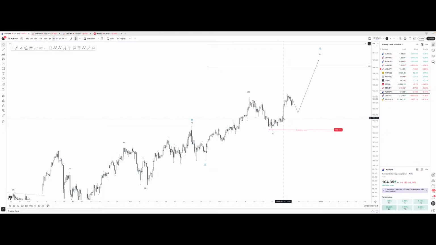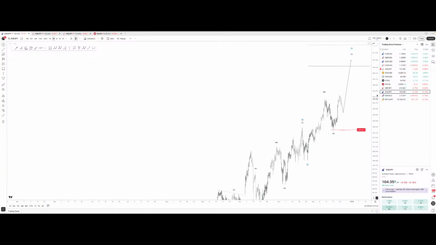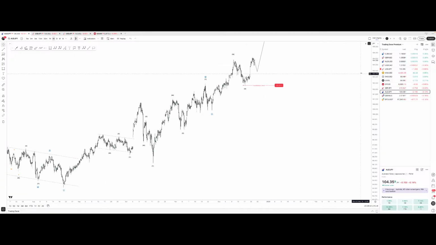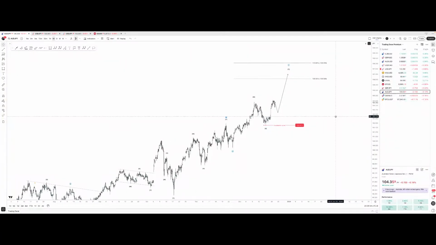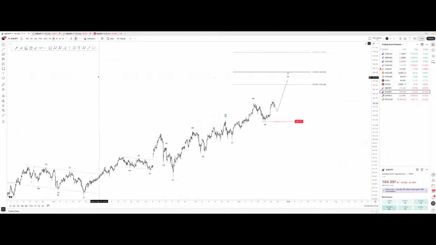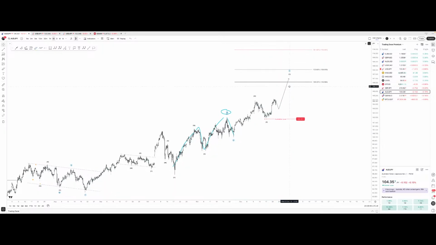Because of dollar weakness. If I zoom out a little bit over here, we are expecting something like that. Not the most ideal pattern, but this is your WXY, giving us a bigger W. A very, very shallow pullback, which is, again, as I mentioned, not ideal. Then we are expecting a three-wave move to the upside.